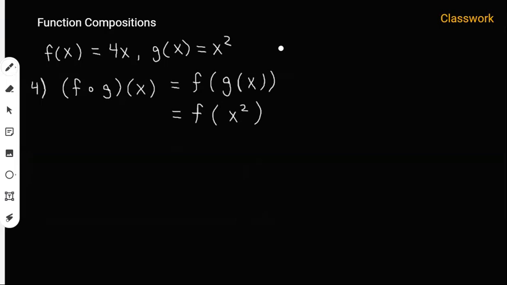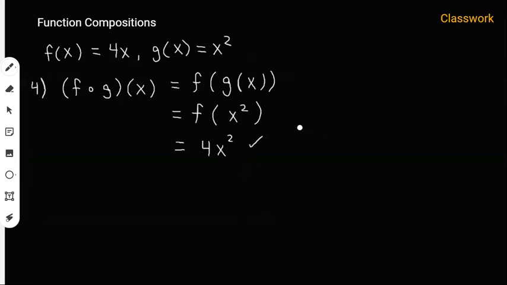I can replace g of x with x squared, and now what I'm doing is I'm finding f of x squared. So that means now I'm going to look at my function f of x, which is 4x, and I'm going to replace every single x with an x squared. So instead of this x right here, I'm going to have x squared. So I'm going to get 4x squared. And that is my function, my composite function.